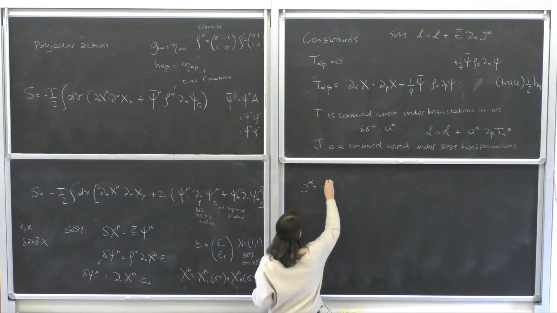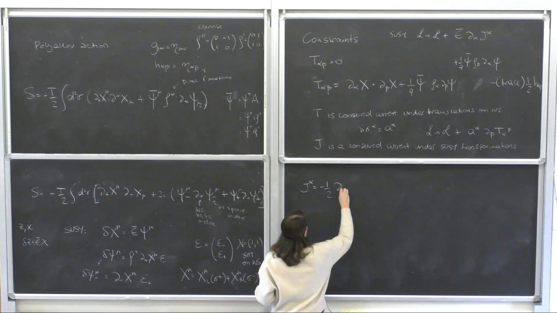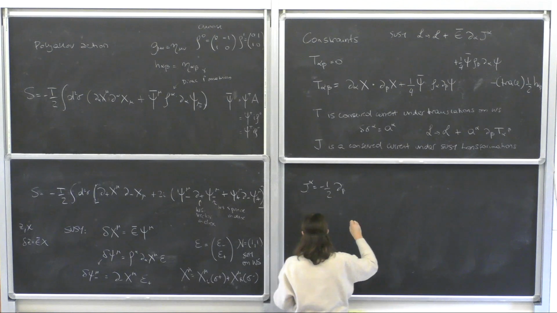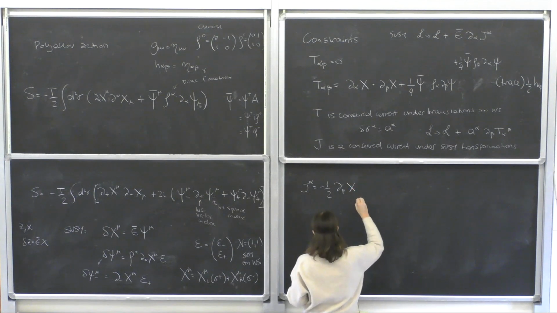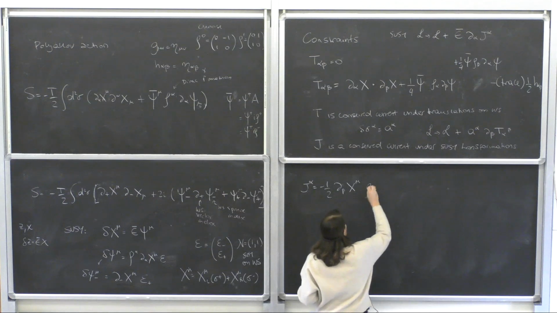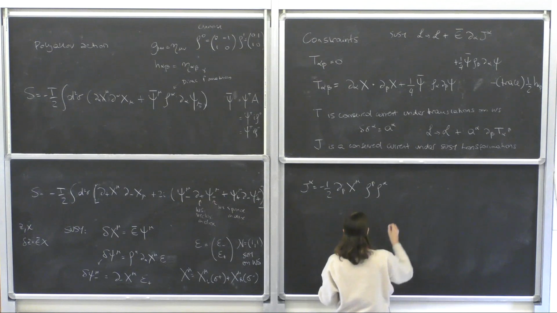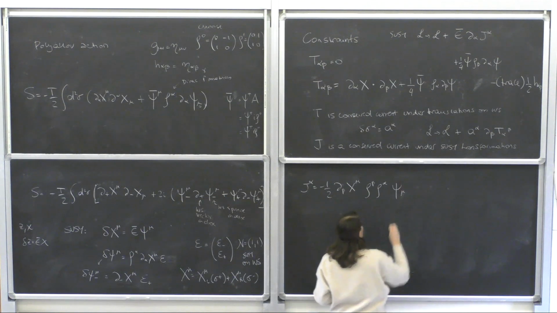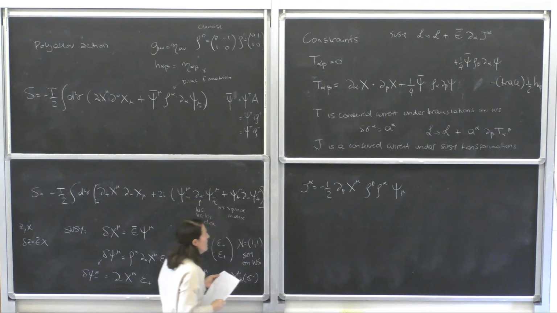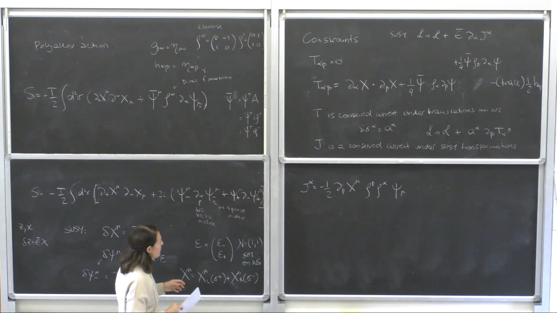is -1/2 d beta x. Let me write the mu indices. X rho beta, rho alpha, psi mu. So it's a fermionic current.